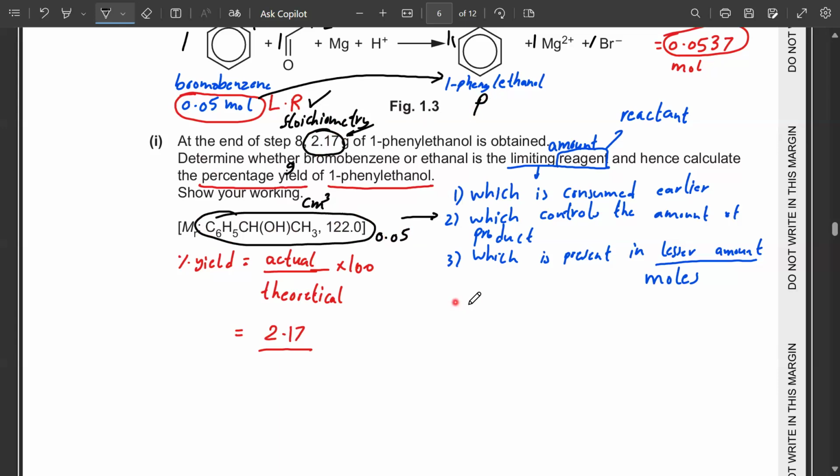The formula says n is equal to m over MR, and we need to find the mass, so m becomes n times MR. So 0.05 multiplied by the MR, which is 122. 122 times 0.05 becomes 6.1 gram. So 6.1 gram is the theoretical yield. Multiply by 100. 35.6.